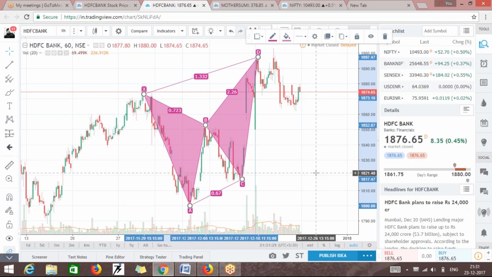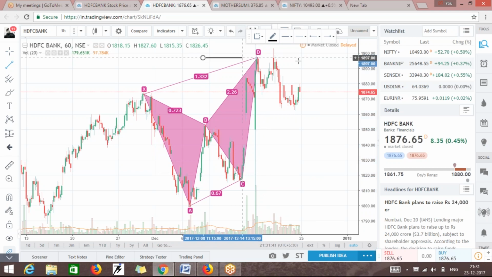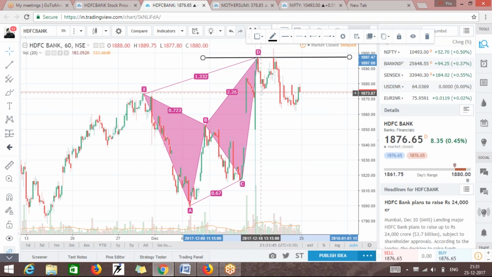This is a butterfly pattern. I will tell what is the difference between the butterfly and the other patterns. So here it was a reversal sign. See how exactly this level is acting as the resistance level. Here exactly we could take a trade.